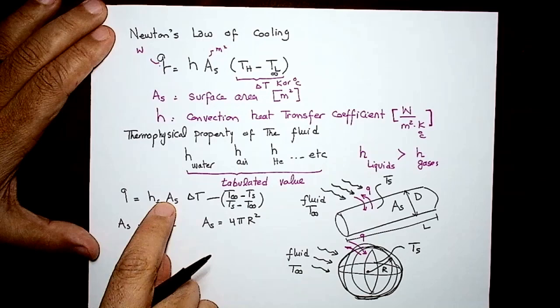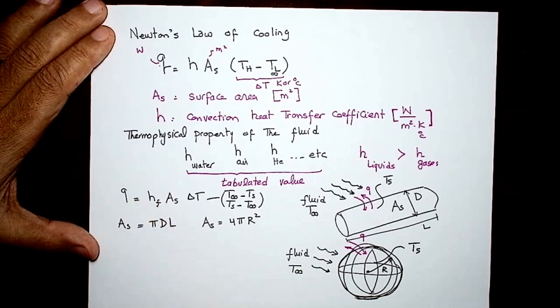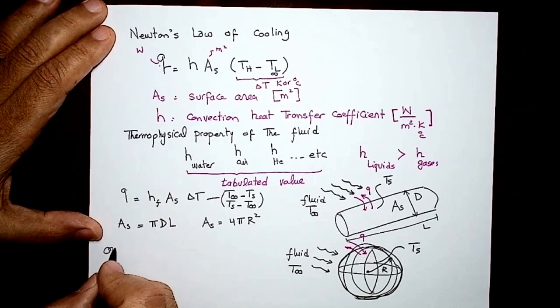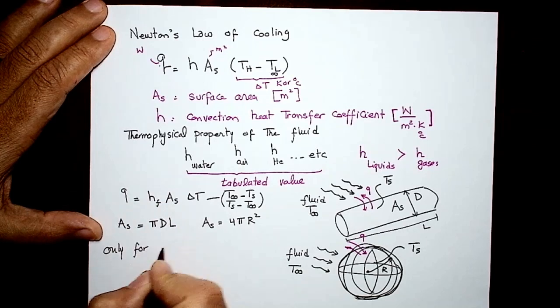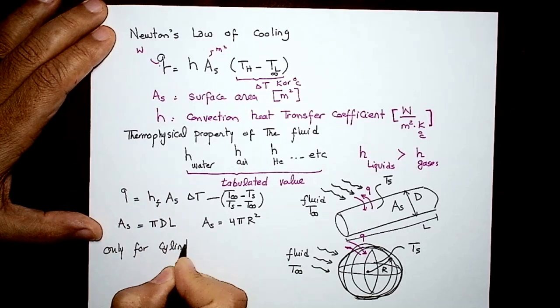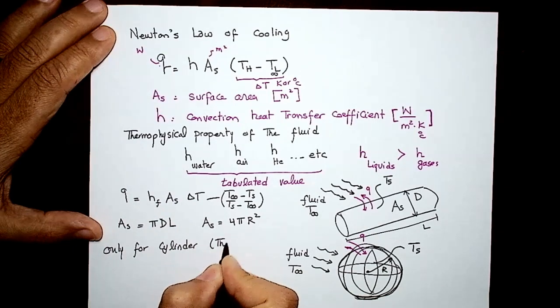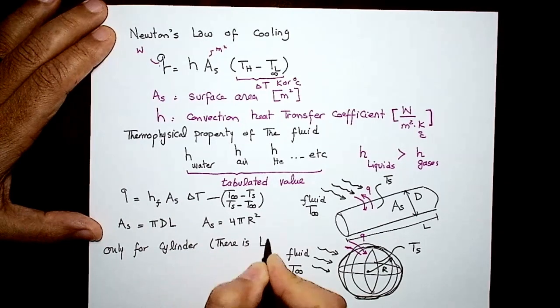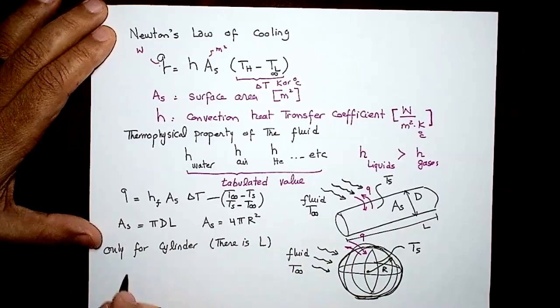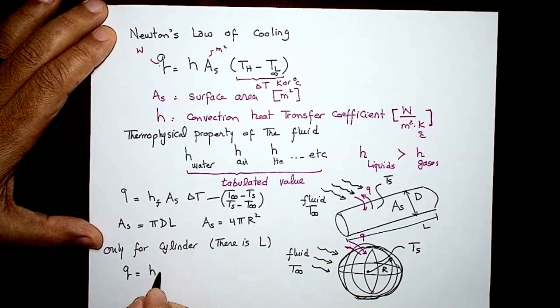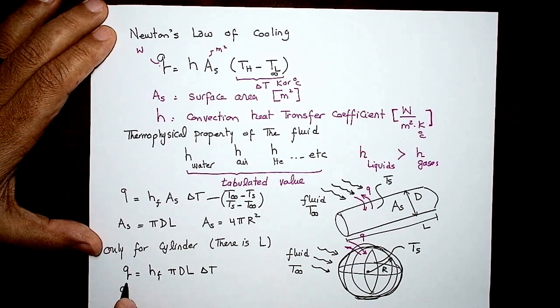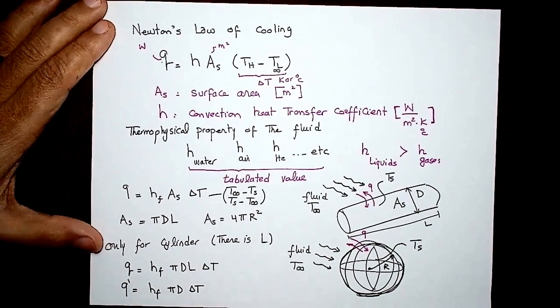Now, I can substitute into this equation and calculate Q. You will realize that only for cylinders there is L, length, right? So if you write the equation for a cylinder, it's going to be Q equals HF pi D L delta T. If you divide both sides by L, what are you going to get? Q dash equals HF times pi times D times delta T. There is no other surface area that has L in it except the cylinder.